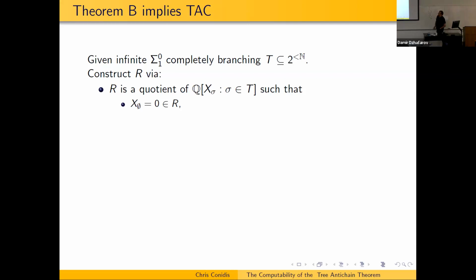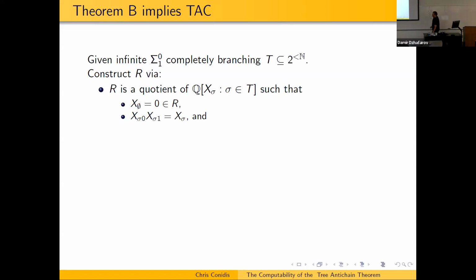And then we have this rule that says every node here gets an indeterminate. So the node sigma has the corresponding indeterminate x sub sigma.